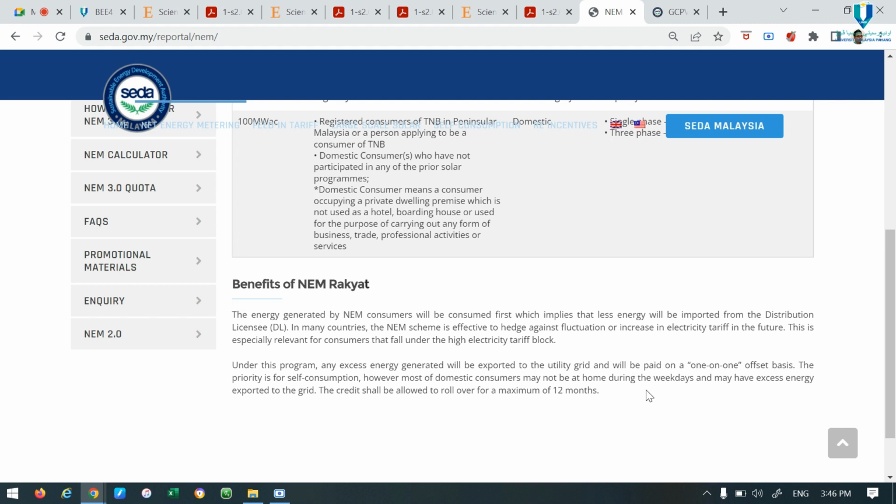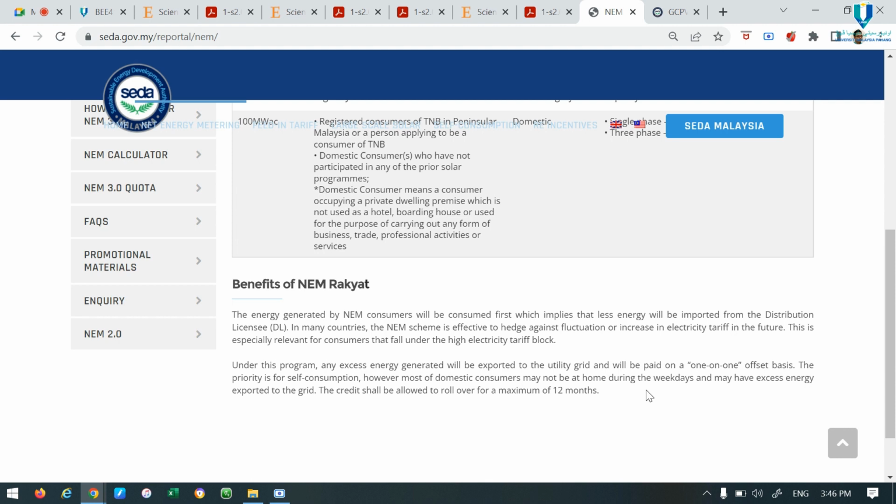If, for example, this month you get 250 ringgit generation of energy, worth 250 ringgit, and next month your bill is 300 ringgit, they will deduct 250, so you need to pay only 50 ringgit. I'm not talking about the price actually, it's about kilowatt hours, but the conversion is to ringgit.